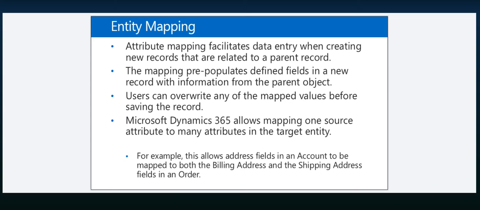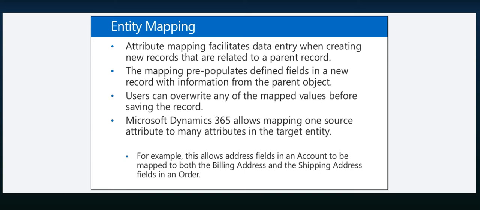Dynamics 365 does allow the mapping of one source attribute to many attributes in the target system. So you can have one field that goes into multiple different places, multiple different fields in the target.